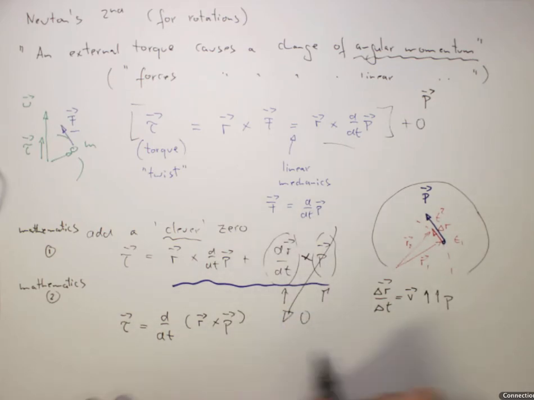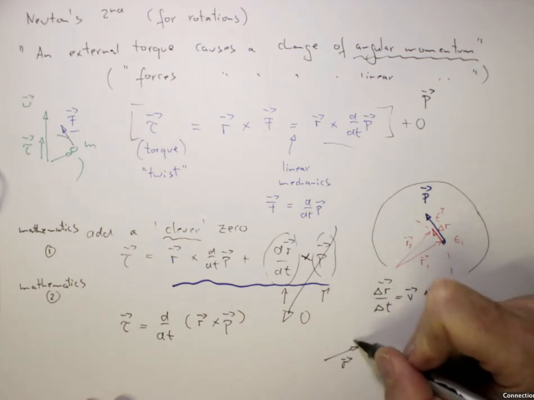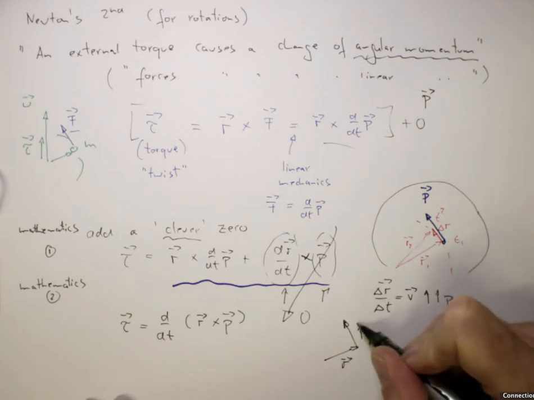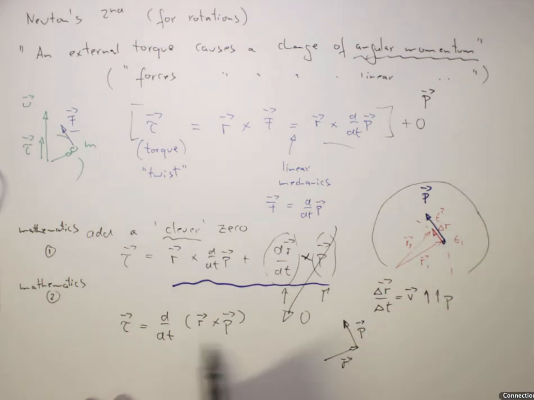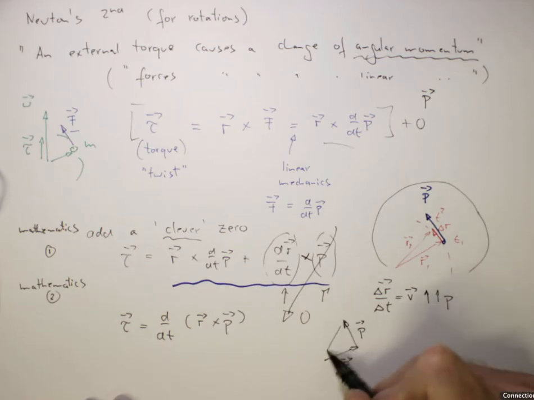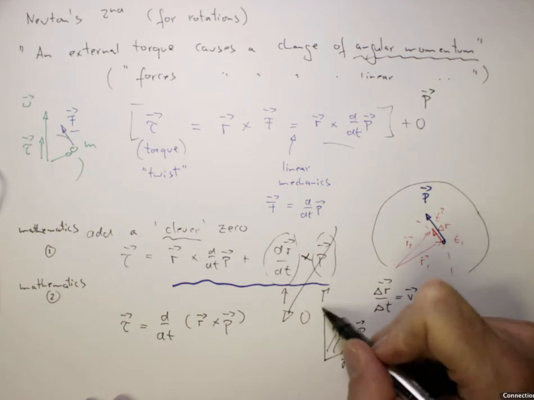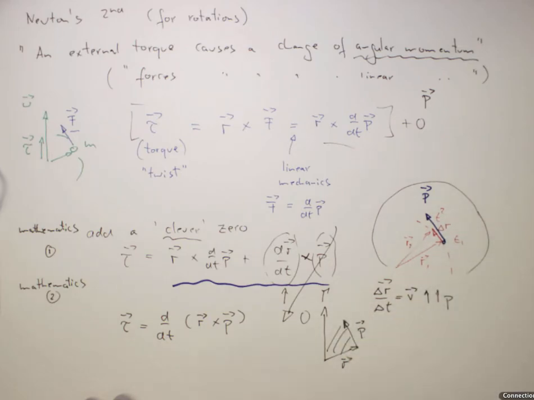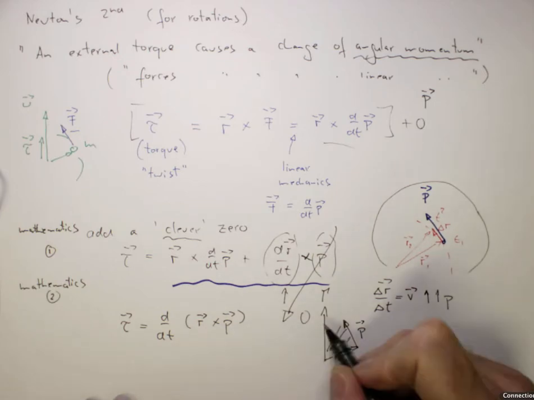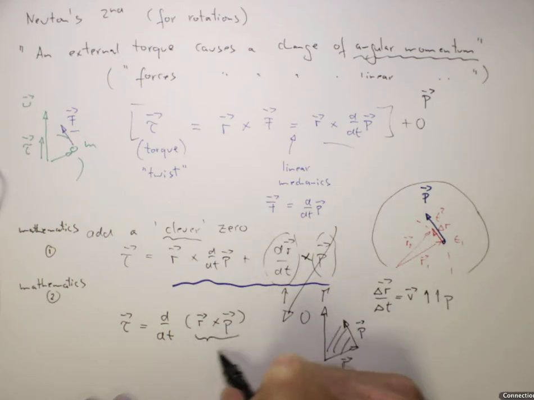And since the r vector points out like this, and the p vector is perpendicular to it, we obtain a cross product vector that is perpendicular to this plane, which we can identify as being parallel to the omega and also parallel to the tau vector. And that's interesting, and it's a new vector. It's not omega, it's not tau, it's something else, and because it may be important, we give it a special name, and we give it the name L, and we call that angular momentum.